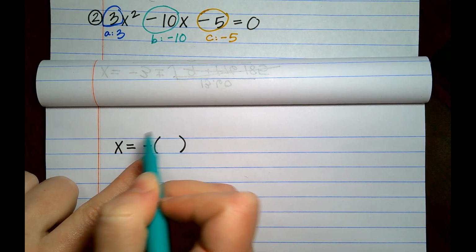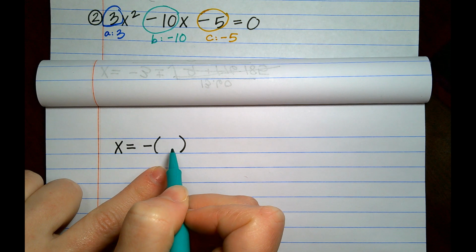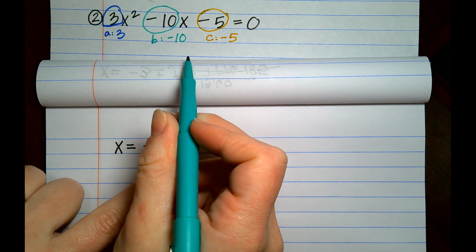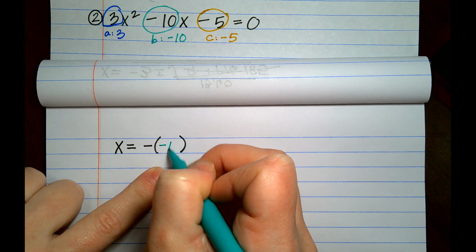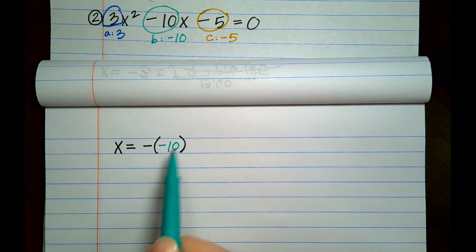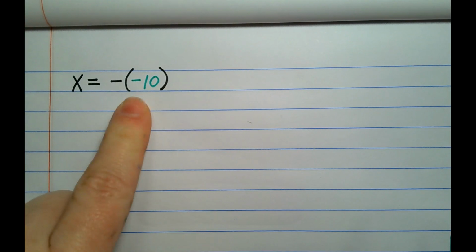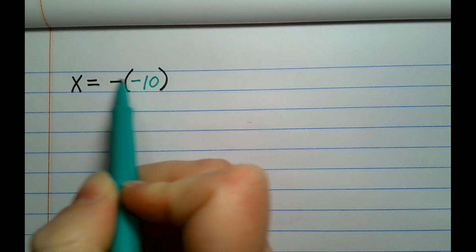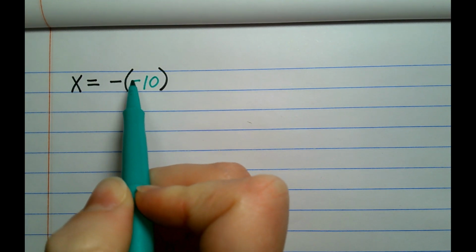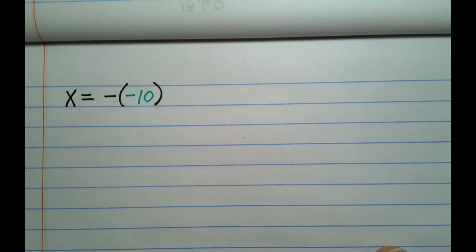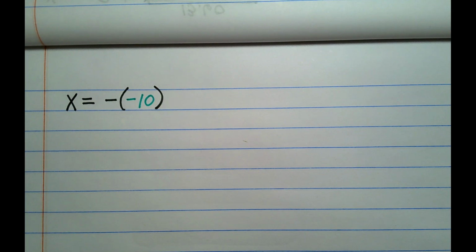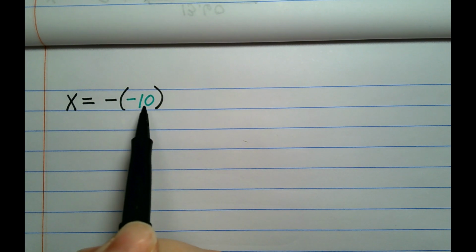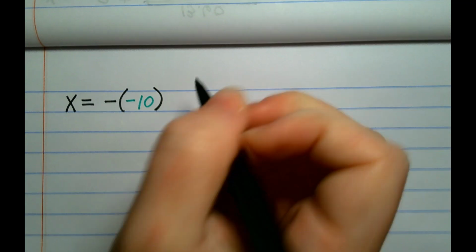Our formula starts with negative, and then I wrote a space for b. b is negative 10. You see what I put there? Now I have negative 10. This becomes positive because those negatives cancel each other out. So I have x equals negative, there's my b, negative 10.